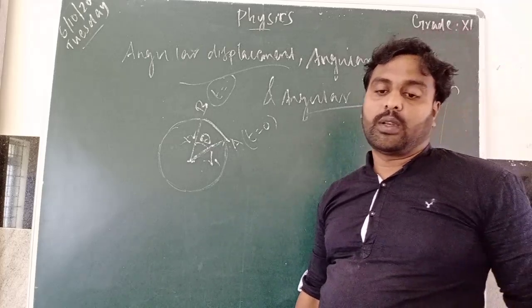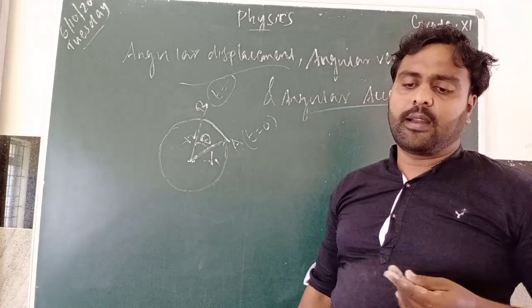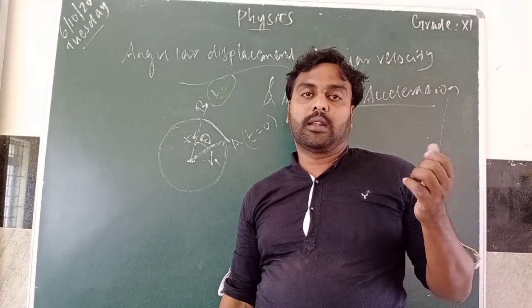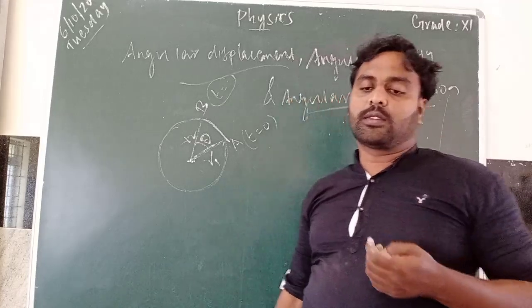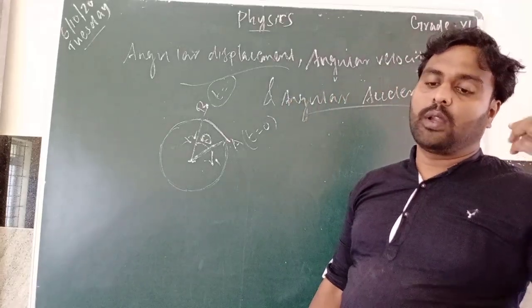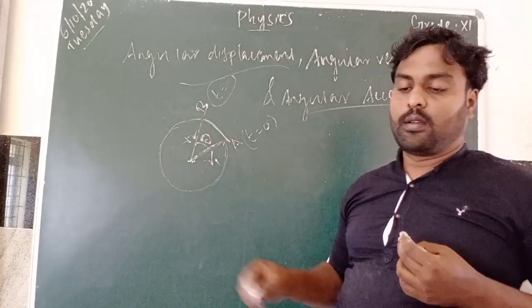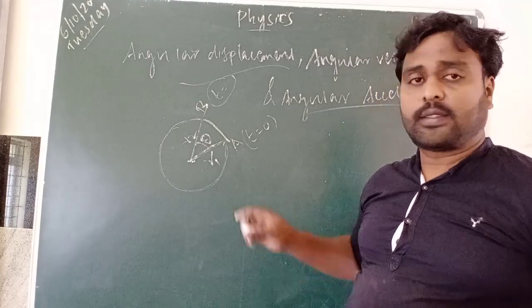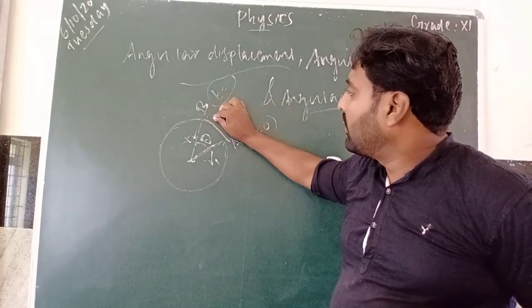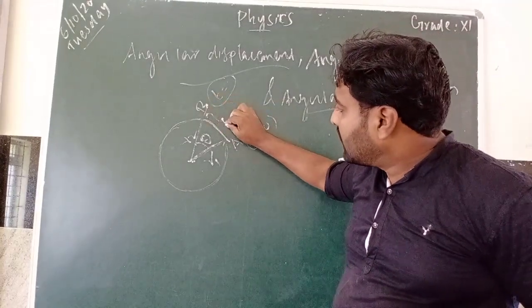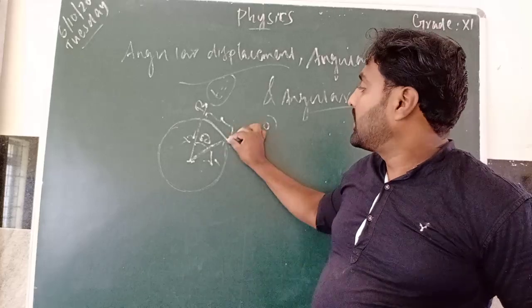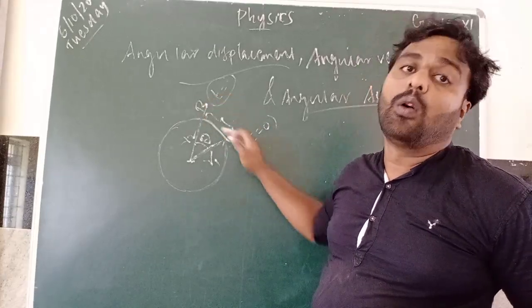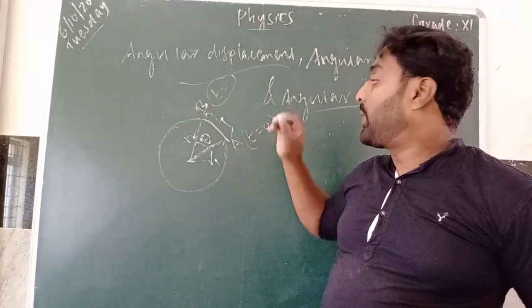This angle theta we are saying is angular displacement. Here is one definition: the angle described by the particle about the axis of rotation or center in a given time is called angular displacement. You have to learn this for a particular time. You see this much arc distance moved for a particular time.